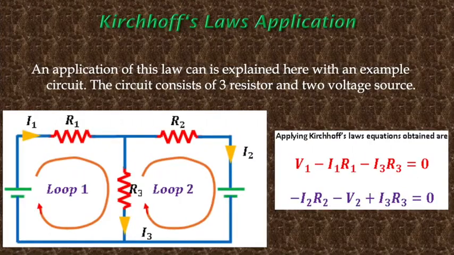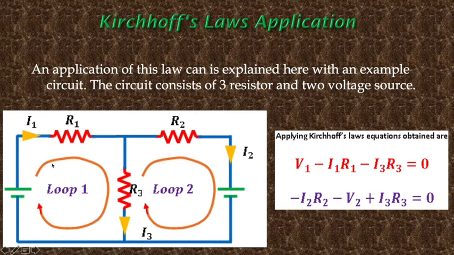Kirchhoff's law's application. Kirchhoff's laws are applicable to both DC and AC voltage and current. An application of this law is explained here with an example circuit. The circuit consists of 3 resistors and 2 voltage sources, V1 and V2.